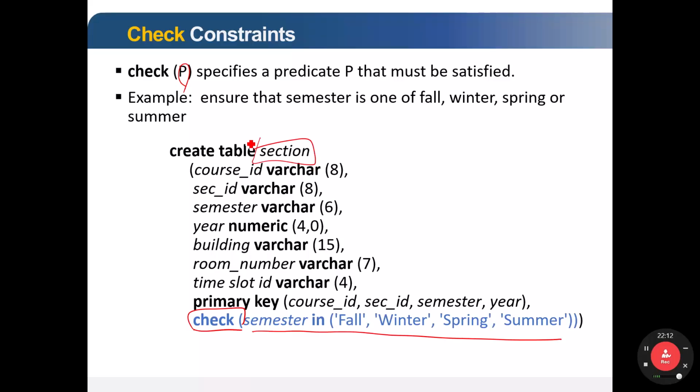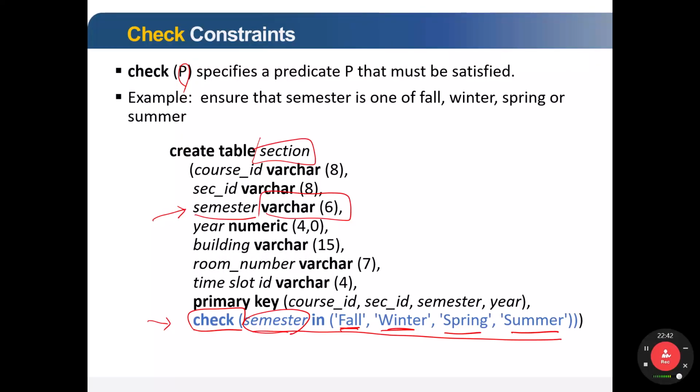We are creating a section table, and it says that this semester attribute is a varchar type, and its character length can be maximum 6 bytes. And in the last line, it says that semester should be a member, an element of the following set: fall, winter, spring, or summer.